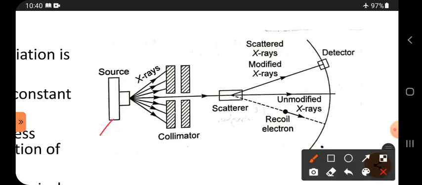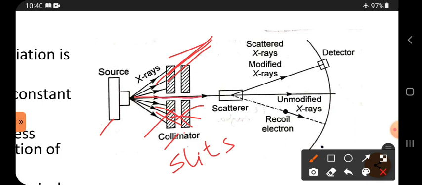See here, it is a source of X-rays and these are the collimators. Collimators are also called slits. Those rays coming this side are stopped by the collimator and only these rays are allowed, and these rays fall on the scatterer, then the scatterer scatters like this.